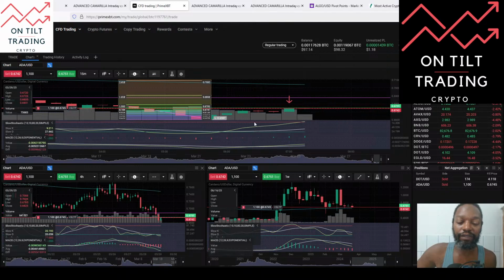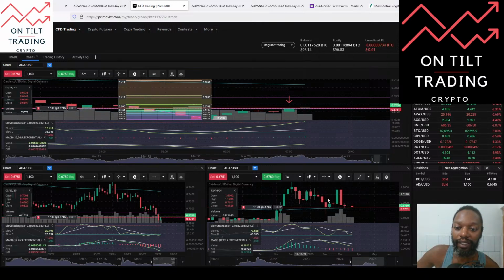So to me, this feels more like, for lack of a better word, a naked stop, like not having anything concrete or anything firm behind me. So I don't particularly like this position. Again, not having a level at my back, and also having this weekly candle right here. So we'll see how this position goes.